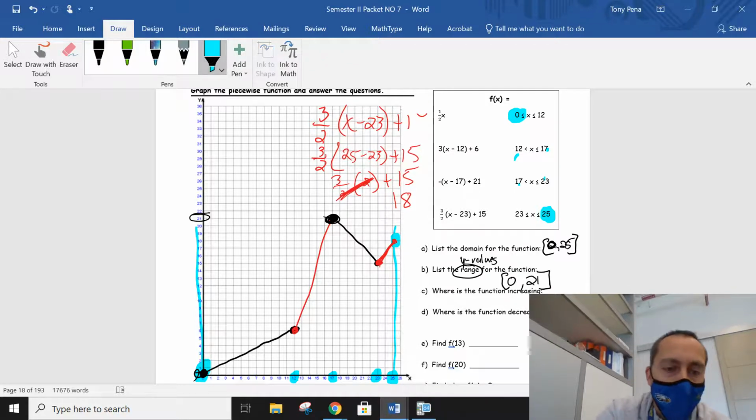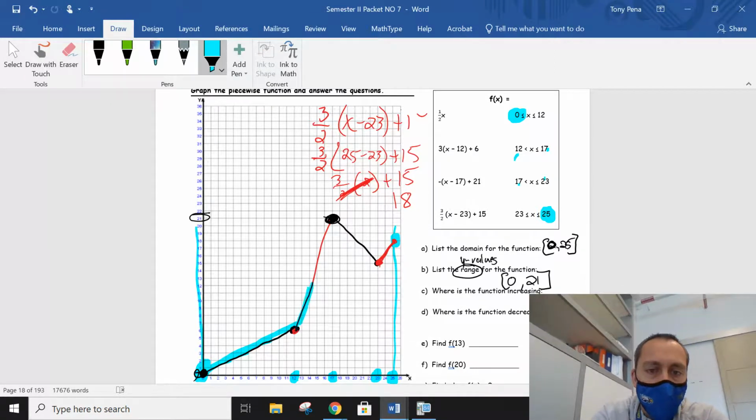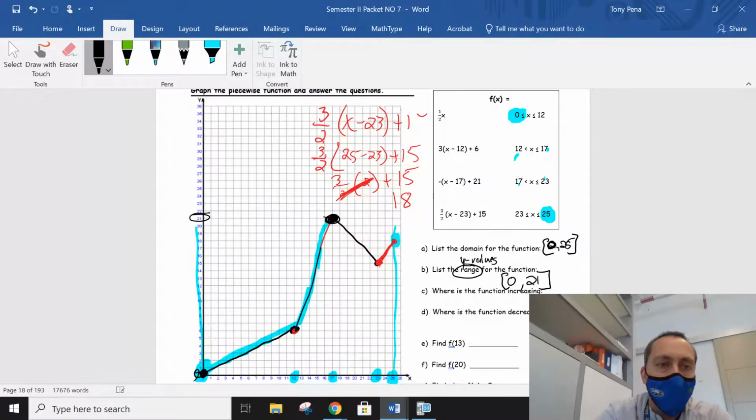Notice we start to increase right away. Even though we switch functions, don't we continue to increase after that? So we increase right away, starting at 0. And we continue to increase until we hit this big black dot right here that I'm making larger and larger. So we would have increased starting at 0 until, if you follow my pen here, that x coordinate would be 17.